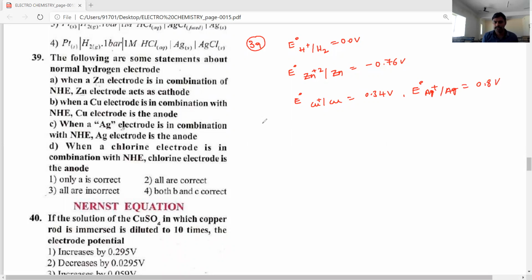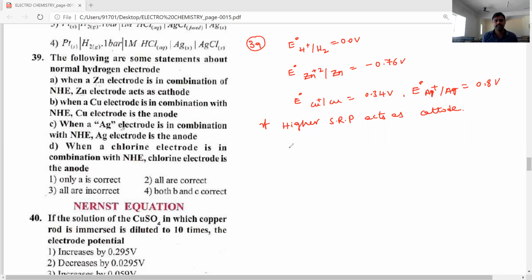We know that the higher SRP value acts as cathode. So if one has higher SRP value it acts as a cathode, and another one acts as an anode.